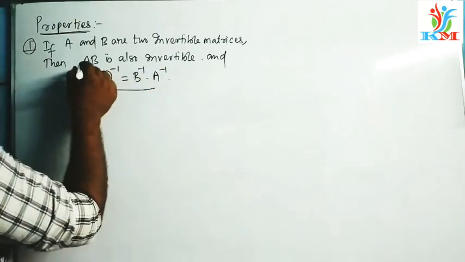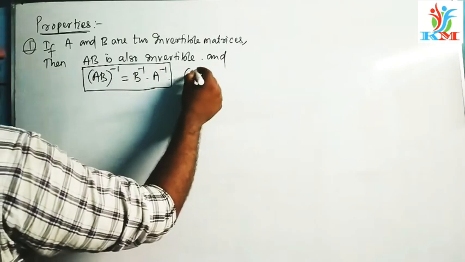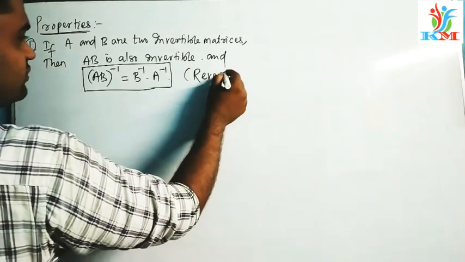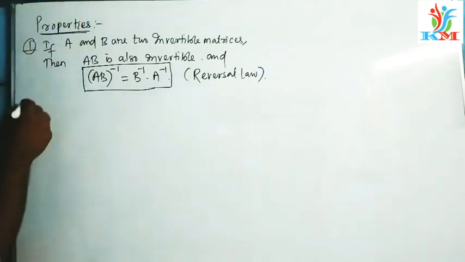That means inverse of AB is equal to B inverse into A inverse. Look here, proof is not required for 12th class students. Okay. This is also called the reversal law.